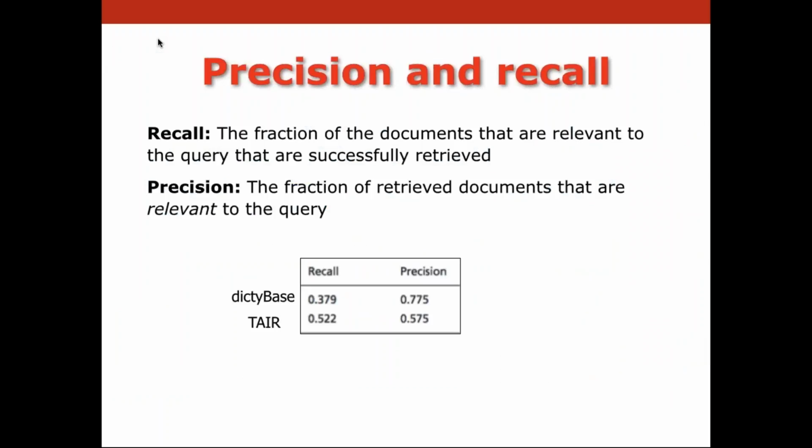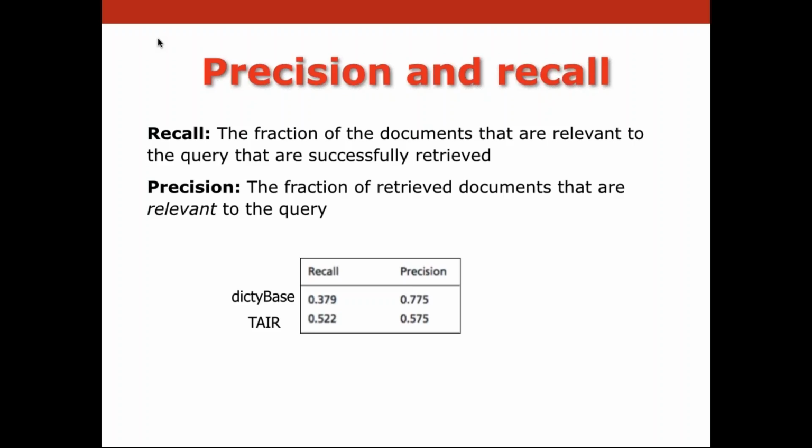Now, in automatic annotation, the gold standard measures are precision and recall. Recall is the fraction of the documents relevant to your query that were retrieved. So how much of your corpus did you really find?